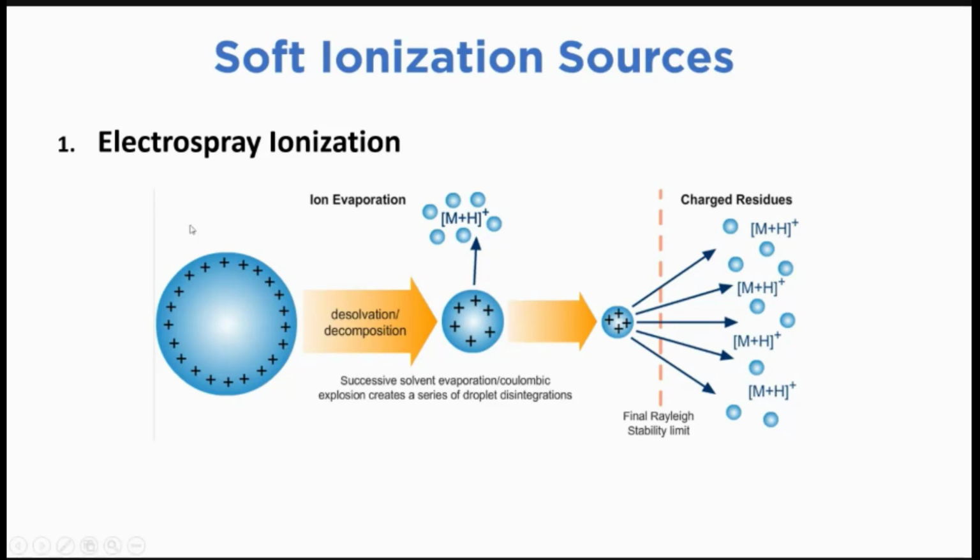And the charge density of the molecules becomes increasingly high to the point where these charged molecules get so close together that they just can't handle it anymore. When they reach the final Rayleigh stability limit, because they're too close to each other, they want to repel each other, they literally sort of explode. And this is called a coulombic explosion, which creates ultimately gaseous ions.